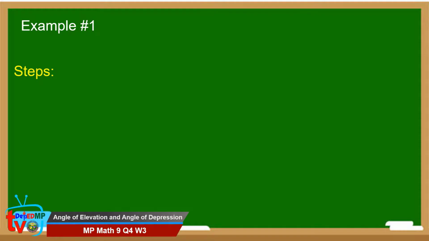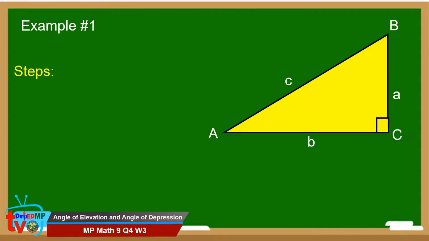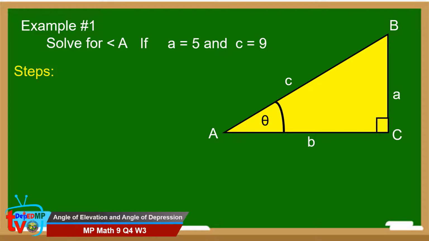Hence, let us now apply those basic trigonometric ratios when solving problems involving the angles of elevation and the angles of depression, using the right triangle given. For example, we solve for measure angle A if a is equal to 5 and c is equal to 9. Now, try to see your notes.